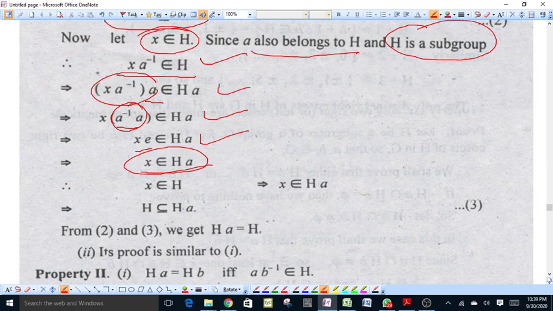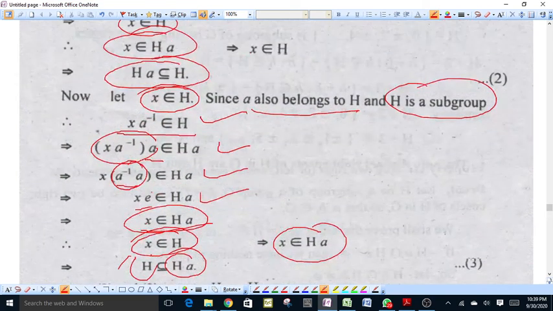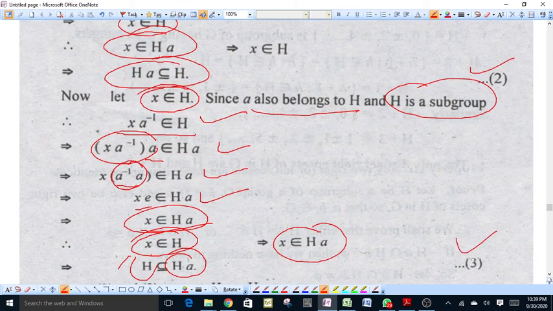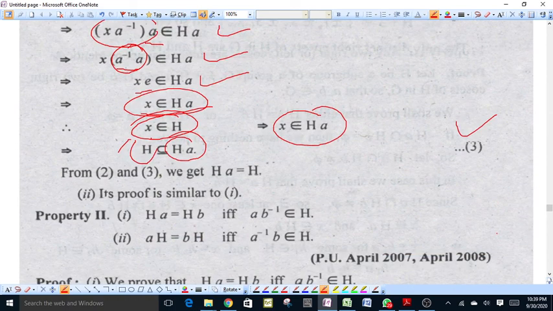Therefore, any element which belongs to capital H also belongs to capital Ha. This means subgroup H is a subset of the right coset Ha. From the second and our third relations, we have capital H is equal to Ha.